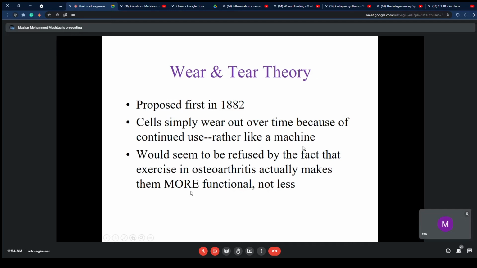So it is not always that when we use something for a long time, it is going to lose its function. It will get better. That is why regular exercise is encouraged, that will make your cells perform better, rather than ending up in wear and tear.